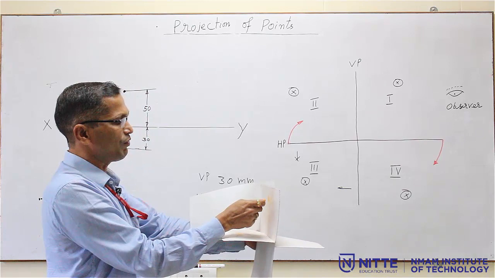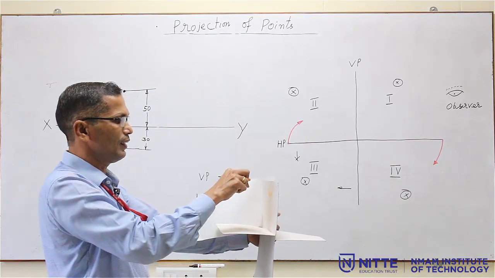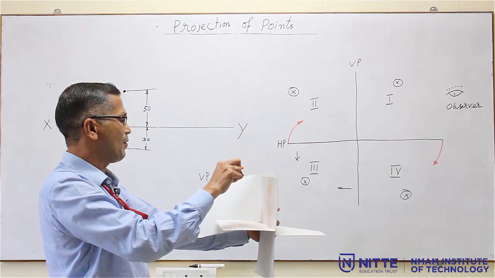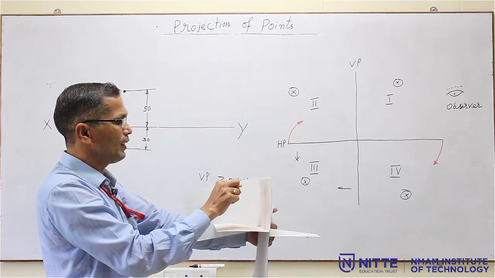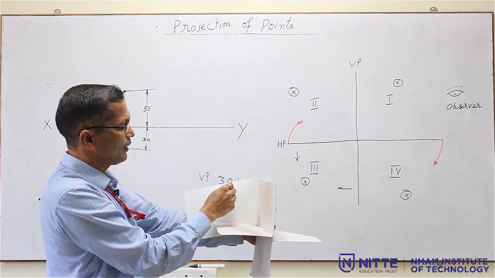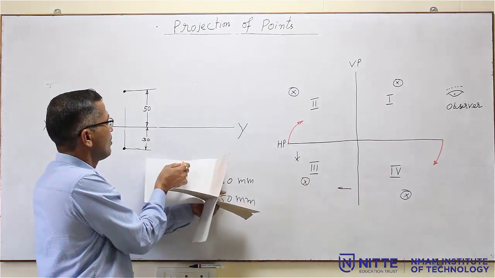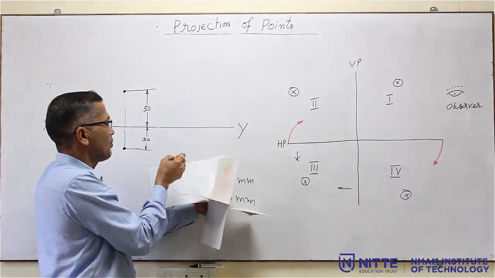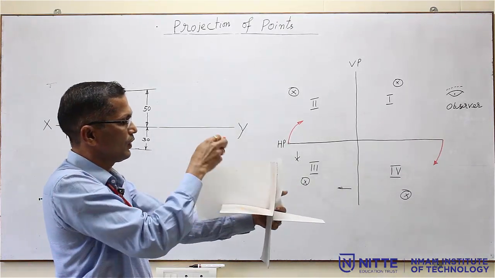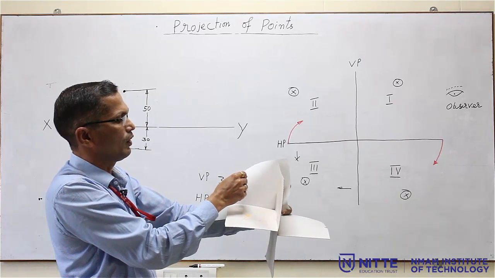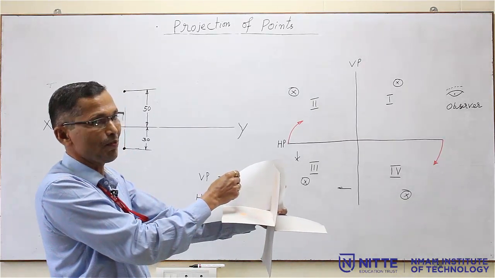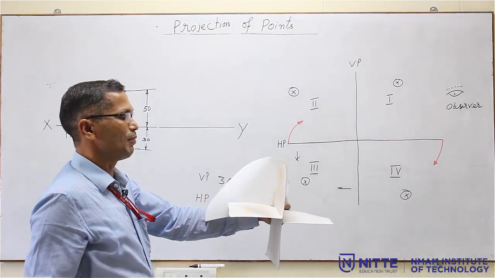Now, the image of this is the point, it is 50 mm above HP and 30 mm in front of VP, and there will be one more image here on the profile plane. I can see one more image. So, this is called a profile view. The name of this is A double dash.